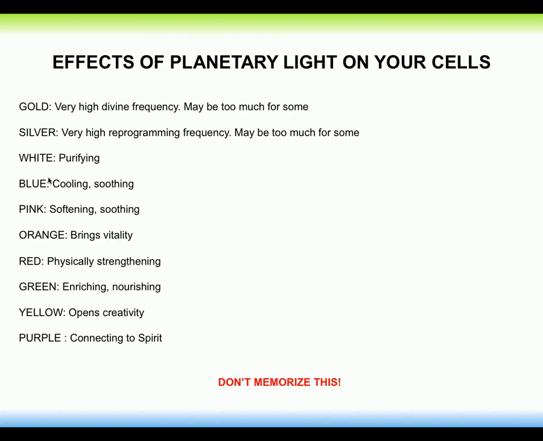Or if you see high temperature or something, you'll say, "Oh, I'll just use blue because it's cooling and soothing." And that's not the way you should be working with this method, that's for sure. You should really be tuning into what exactly is required at this particular time with this particular person, and let go of all the preconceived ideas.